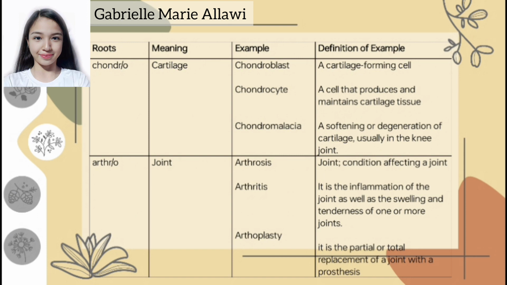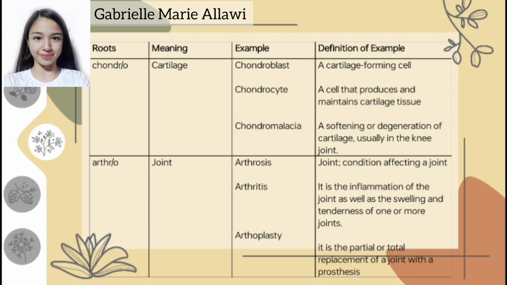Another example is chondrocyte. A chondrocyte is a mature and calm cell in our body's bendy material called cartilage. It helps keep cartilage strong, flexible, and in good shape. Think of it like a caretaker making sure our cartilage stays healthy and works well.